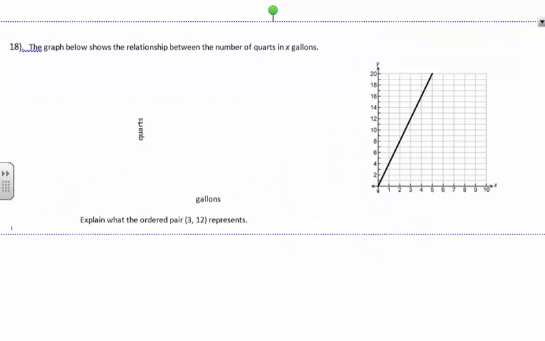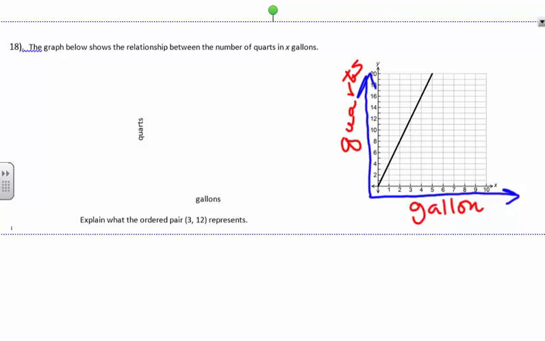All right, number 18. Number 18 says, explain what the ordered pair 3, 12 means. All right, so our y-axis represents quarts, and our x-axis represents gallons. And so when you're reading, you always read the x-axis first, and then you read the y-axis.